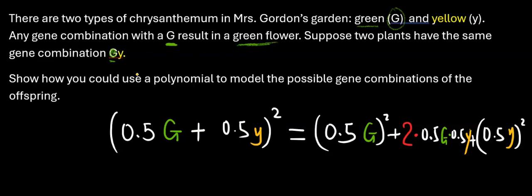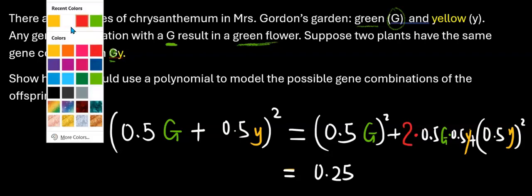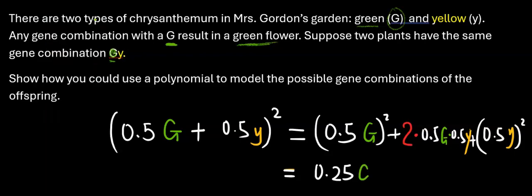Okay, all right. Now, let's write it down. We're going to have first term squared: 0.5 squared is 0.25, okay? 5 times 5 is 25. And we have our G squared. Let's write down the next one: 0.5 y squared is 0.25 y squared.